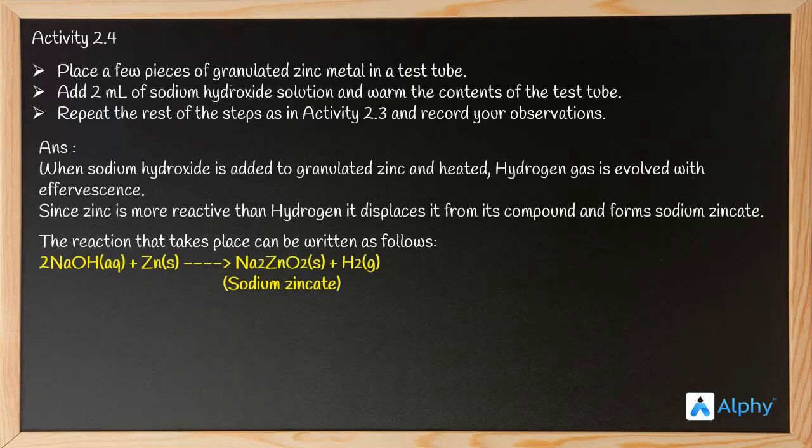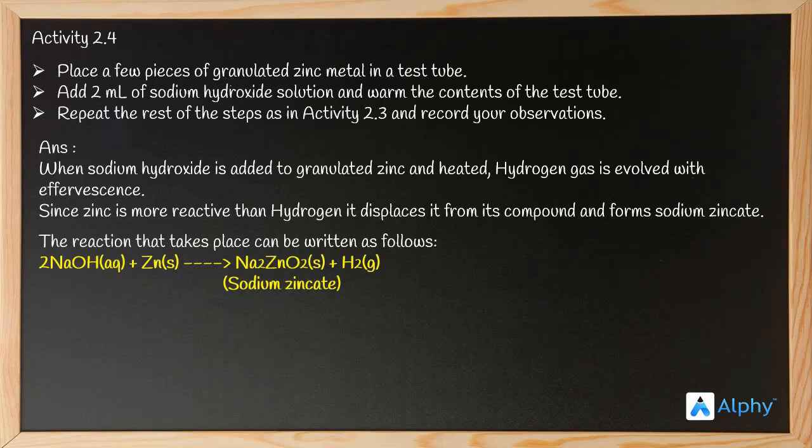Now the equation for this reaction is as follows: NaOH plus Zn forming Na2ZnO2 plus H2. This is an important reaction, so memorize it efficiently. NaOH plus Zn forming Na2ZnO2 plus H2. This compound Na2ZnO2 is sodium zincate.